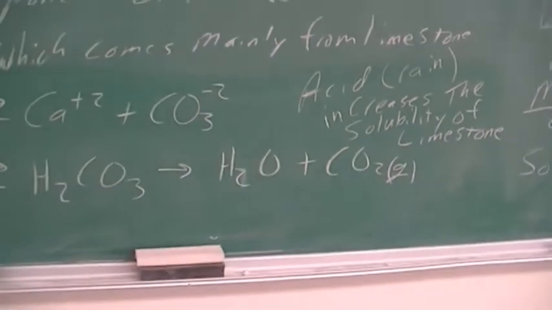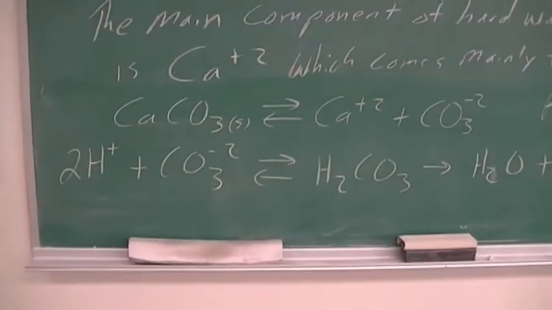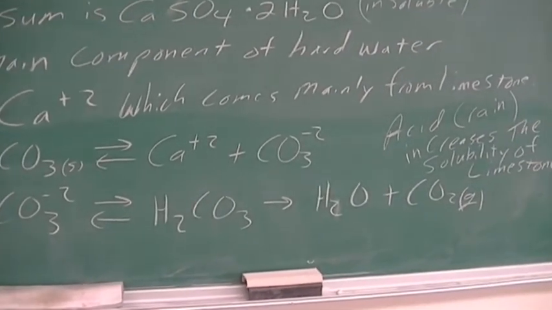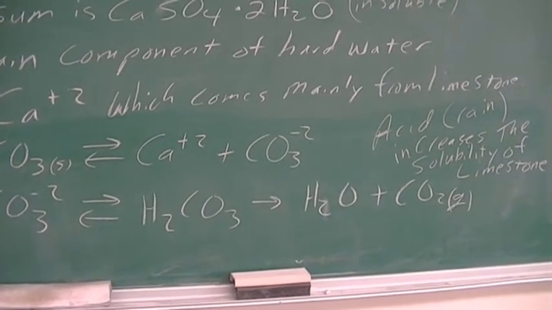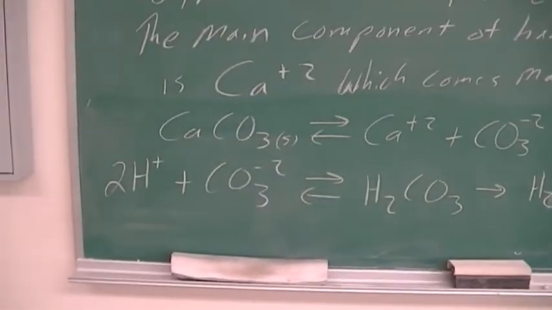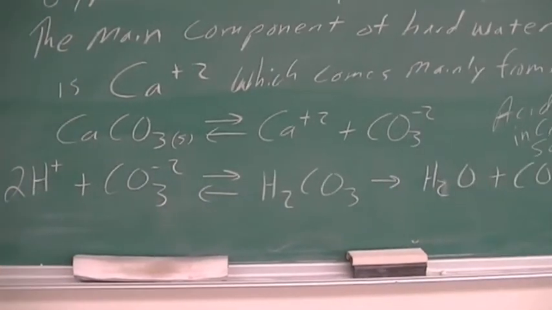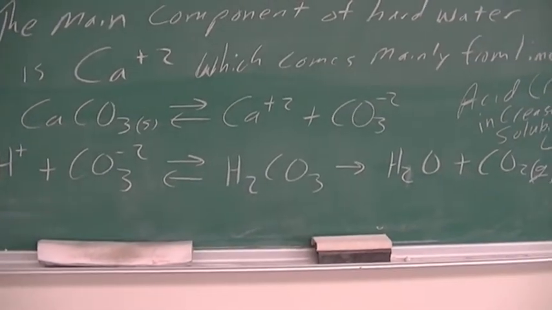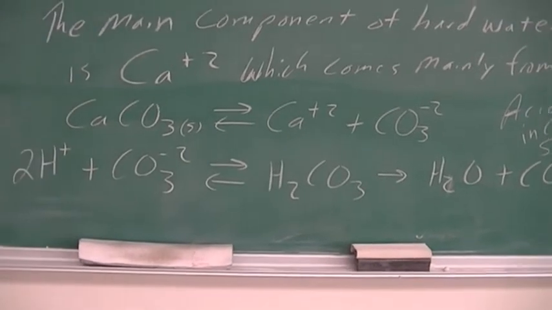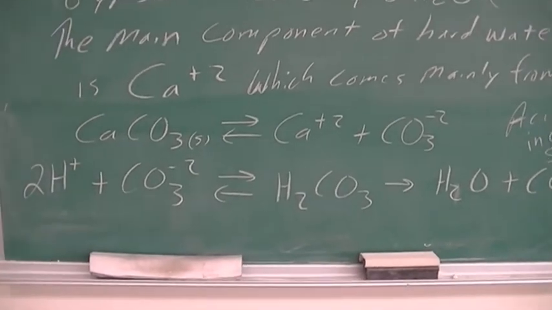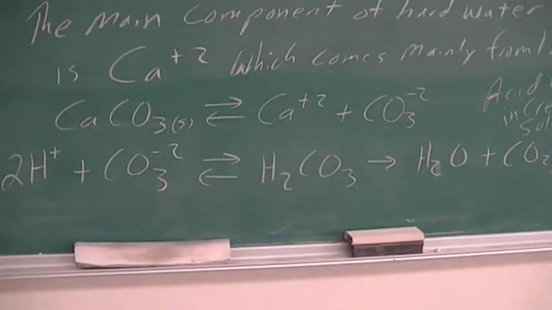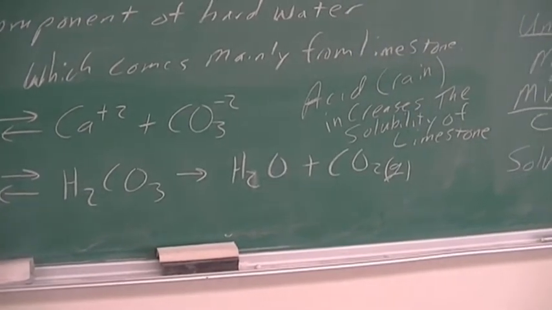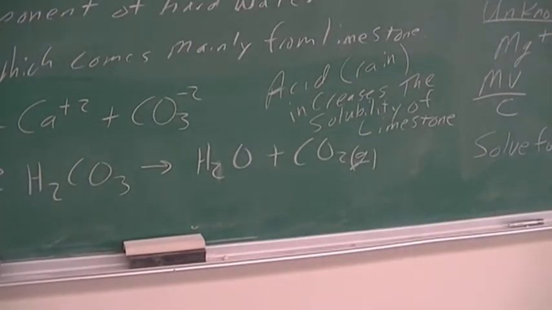So as we saw in the Ksp chapter, if your anion, the carbonate, is going to react with your acid H plus and form a weak acid, it is going to increase your solubility. And so carbonic acid is a weak acid, and so this is going to significantly increase the solubility of your limestone. And your carbonic acid will also decompose into carbon dioxide and water.